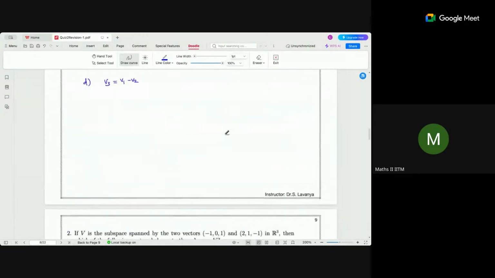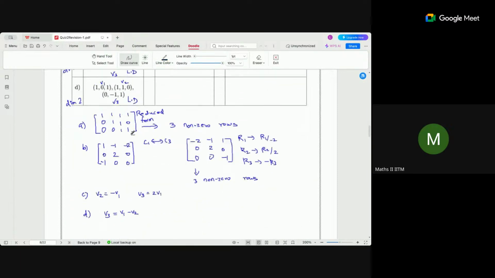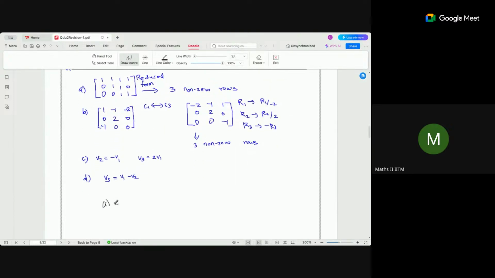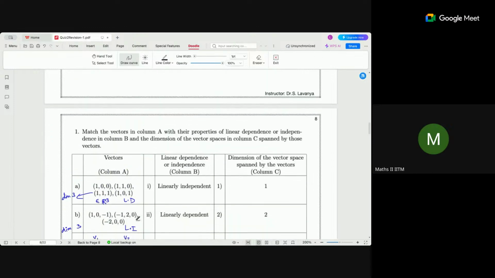So here we saw some examples, right? You see this is a spanning set for R3. This is also a spanning set for R3. So A and B both are spanning sets of R3, correct? Because the span of this set of vectors forms your entire R3.